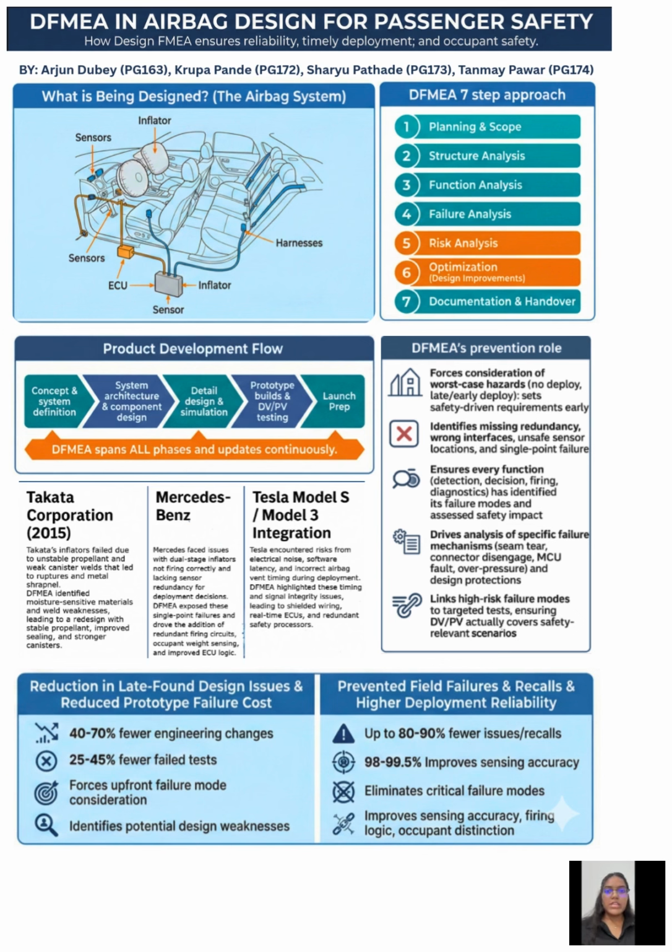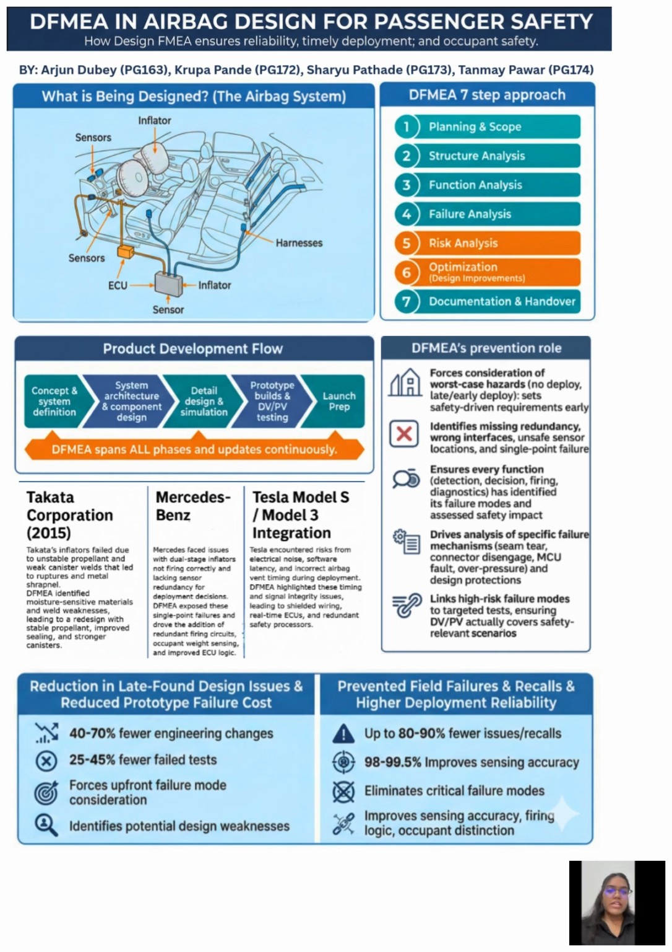So here we list all the types of failure like no deployment, late deployment, leakage, or false trigger, etc. Then the fifth step is the risk analysis, wherein for each of these failures that we have listed above, we check the severity, the likelihood of occurrence, and the difficulty of detection.